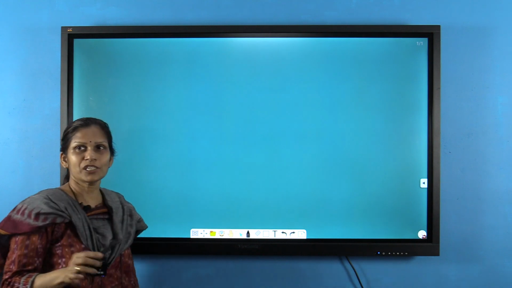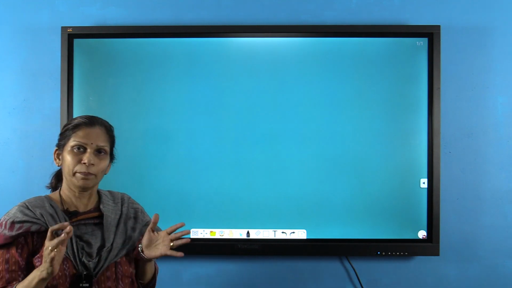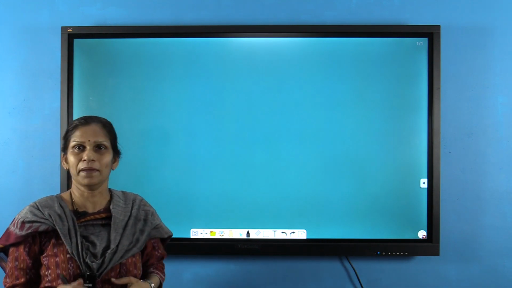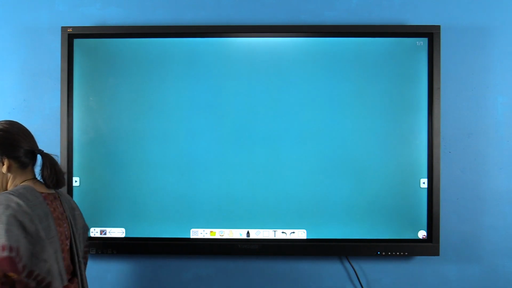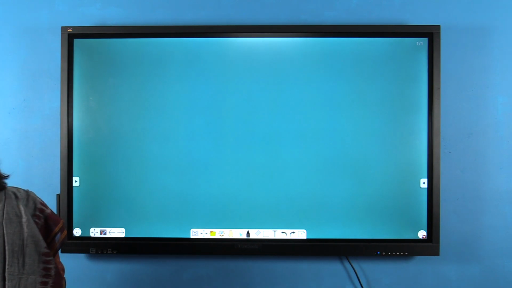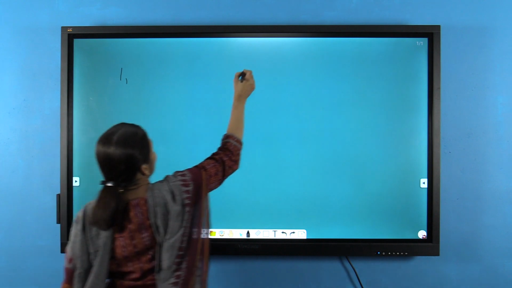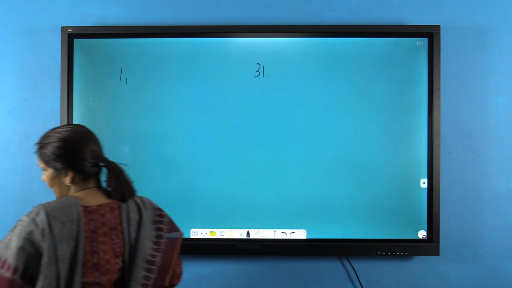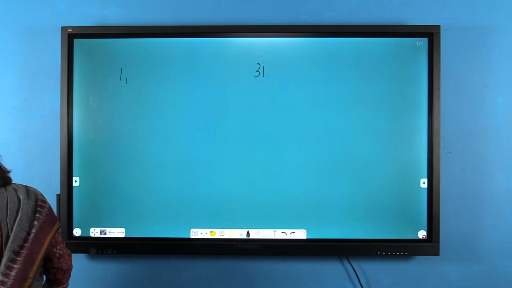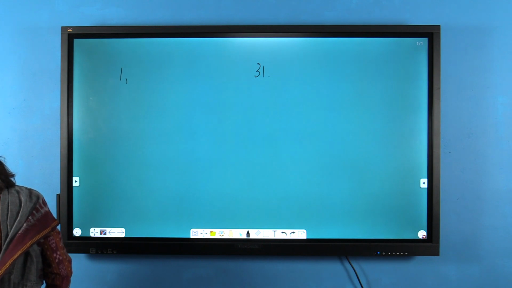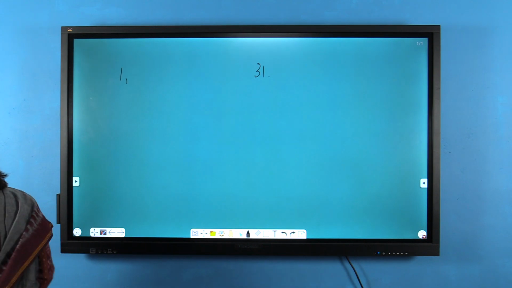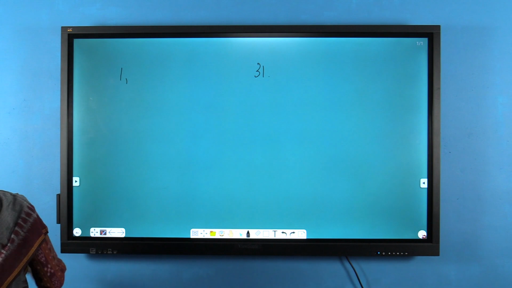Just one more question before we wrap up this lecture on AP. Between 1 and 31, M numbers have been inserted so that the resultant sequence is in AP.